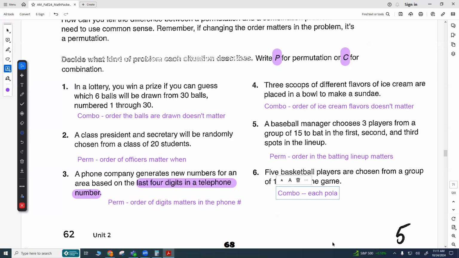Each player chosen is starting, but it doesn't matter what position they're starting in, only those 5 are starting, right? Okay, so now that we know what kind of scenario we have, let's think about our math.